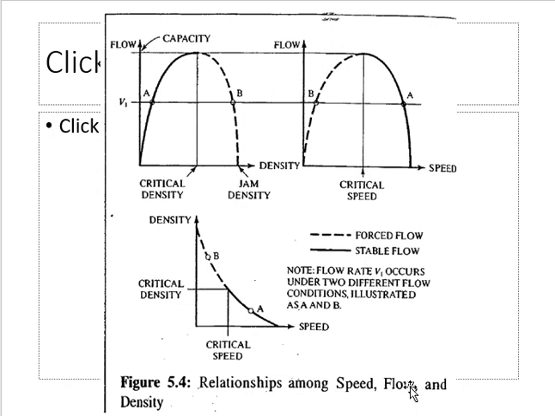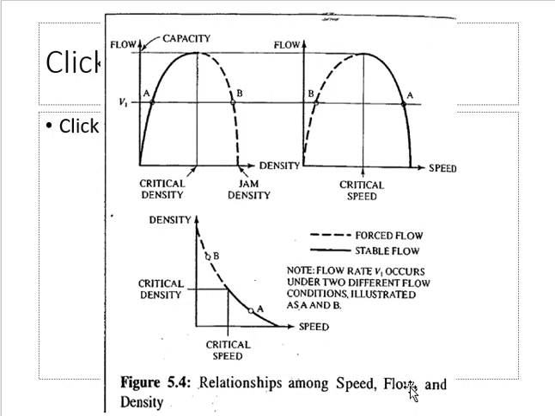Last one. We start from here. The speed is maximum. Flow is 0. Why the flow is 0? There are no cars on the road. Highway is empty. So your speed is supposed to be the maximum. Now what will happen? If the flow increases, the speed will decrease.